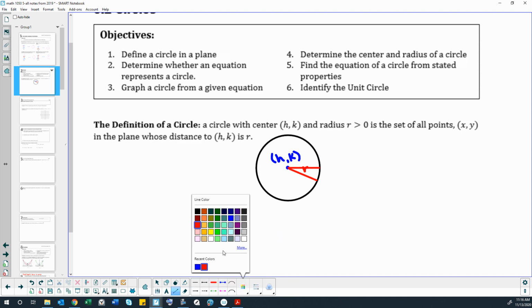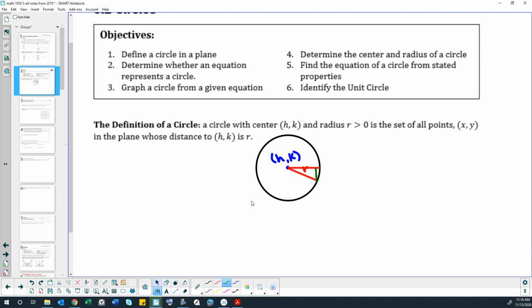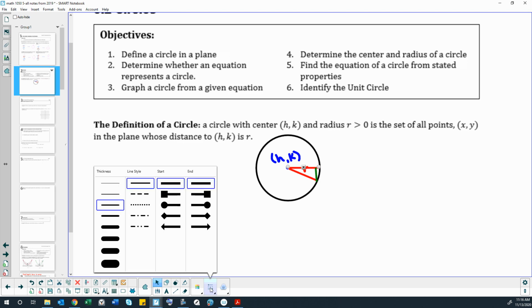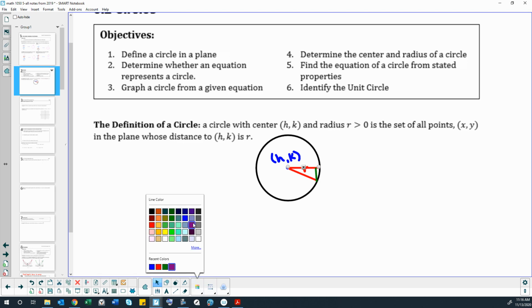Just having a hard time remembering how to find different colors for my line drawing tool. Okay, so there's a line there. Let's select this one and make it a different color, like purple or something.